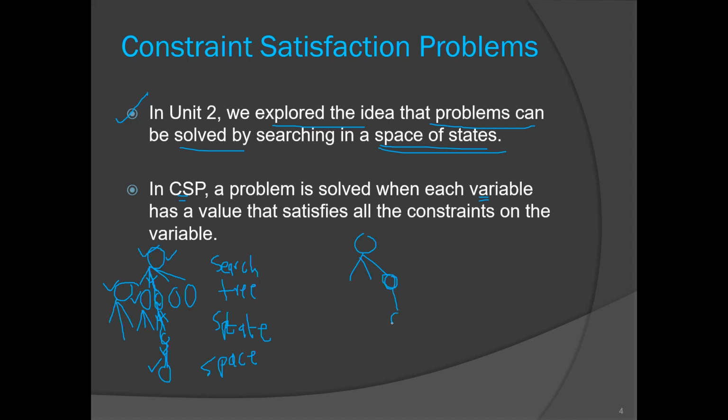And if each variable has a value that satisfies all the constraints on the variable, then we can say that the problem is solved. Once we assign values to all the variables in such a way that all the constraints are satisfied, then we can say that the problem is solved.